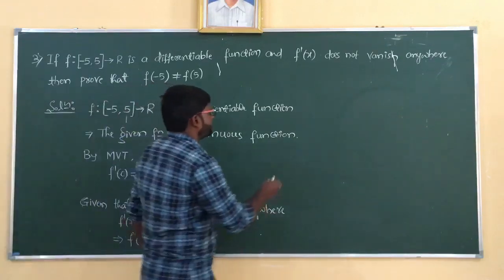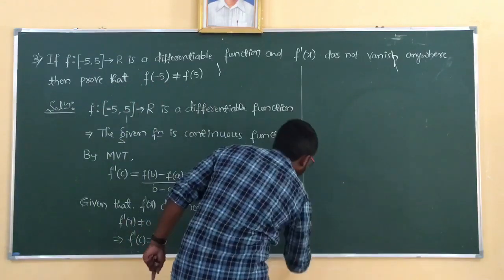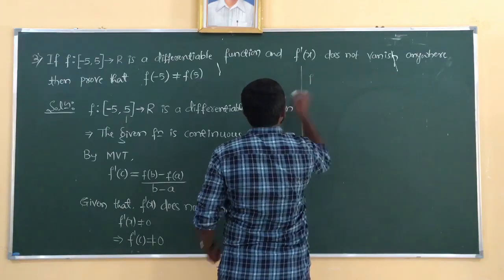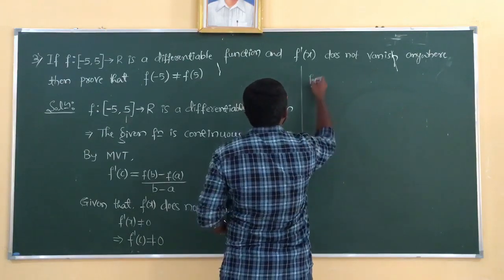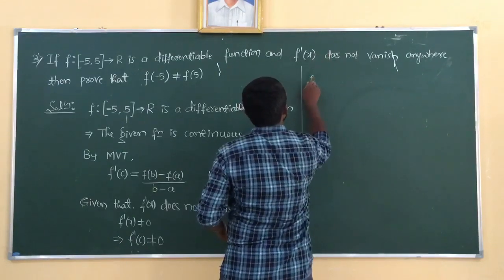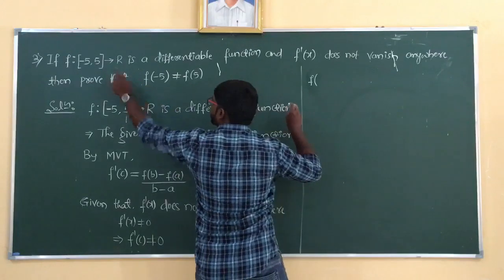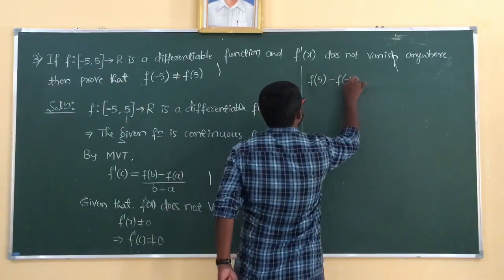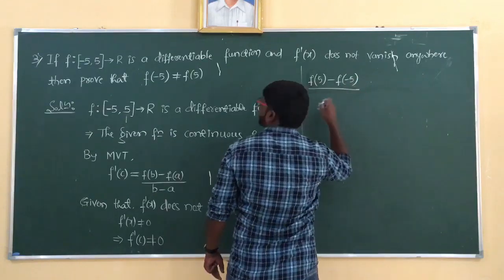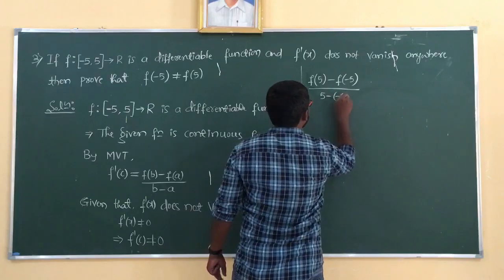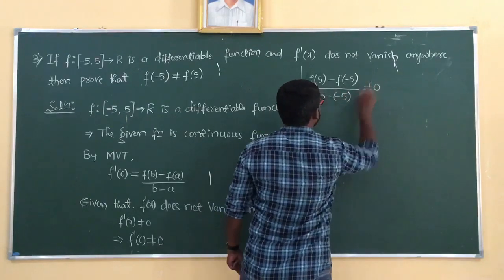So, what is f dash of c now? By mean value theorem, f dash of c means it is f of b minus f of a divided by b minus a. F of b means it is f of 5. So, f of 5 minus f of minus 5 divided by, so it is b minus a, that is 5 minus of minus 5, which is not equal to 0.